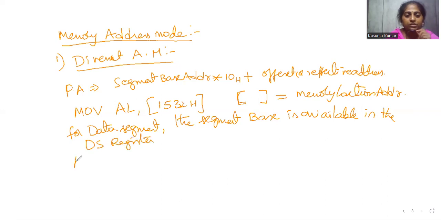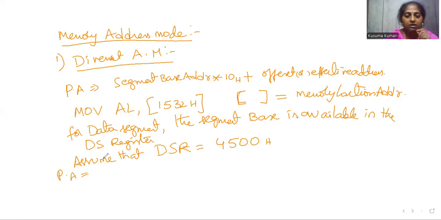Now assume that the DS register contains, for example, 4500 hexa. This is the segment base. Now how can the physical address be calculated?